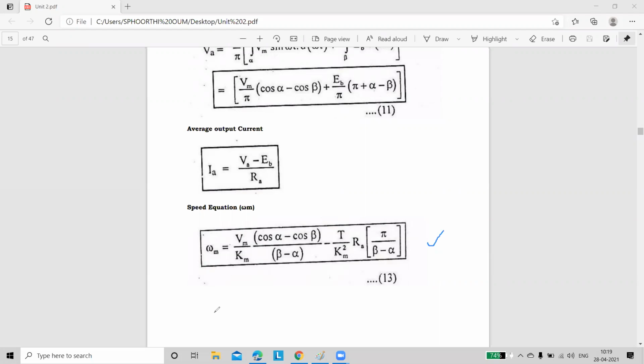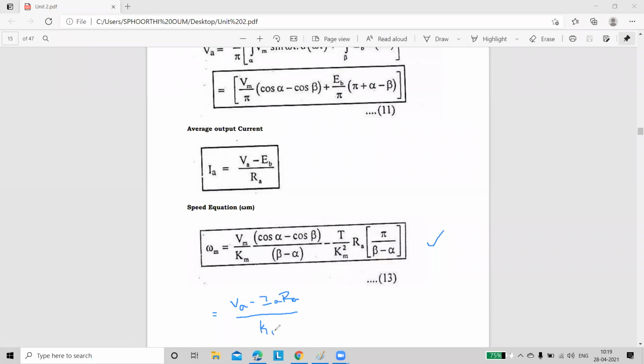Already you know that the speed is equal to, I am writing the expression, VA minus IA RA by Km.